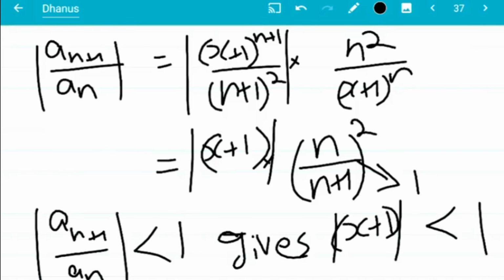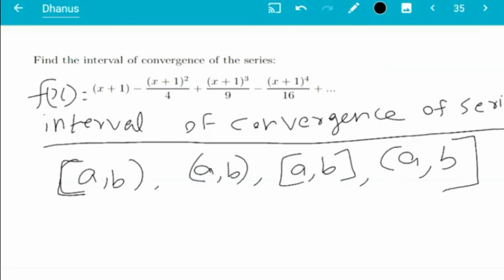At x equal to 0, the series becomes 1 minus 1 by 4 plus 1 by 9 minus 1 by 16. Yeah, this is an alternating series, that is just plus minus plus minus.